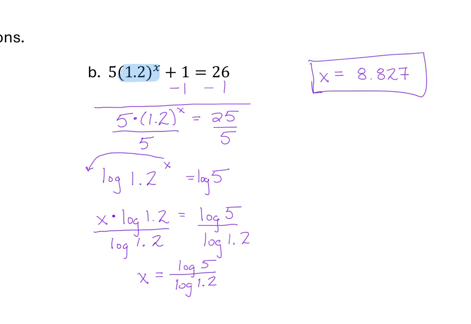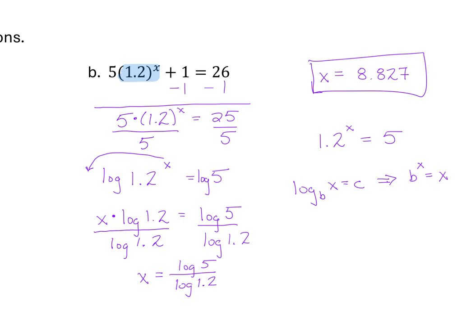Now, one of the things I do want to point out is if we come back to this step, if you recall, when we converted from logarithmic to exponential, what we had was b to the c equals x.